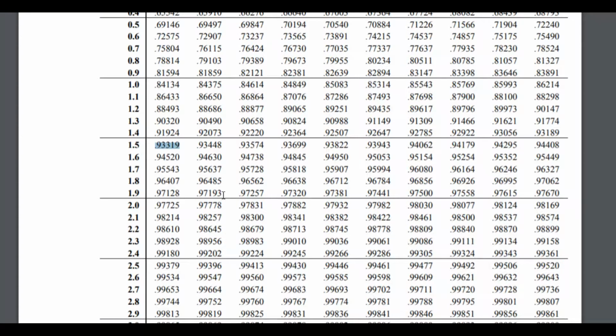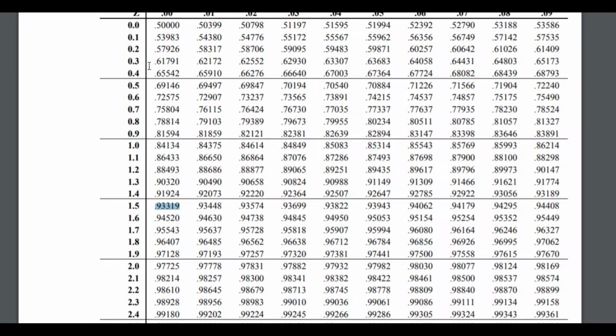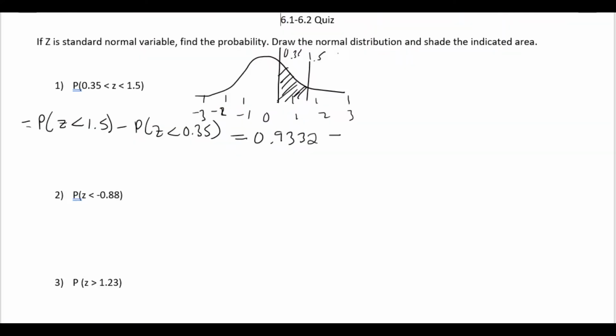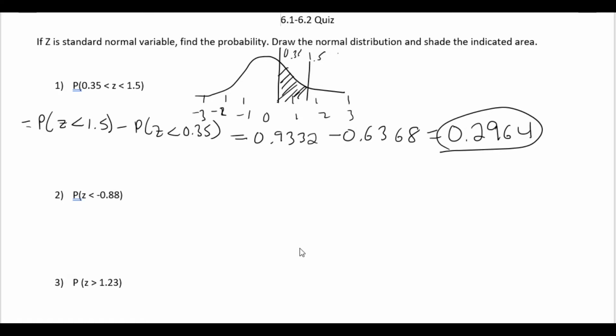And the next one is 0.35. So 0.35 is 0.6368. So we'll go ahead and subtract those, and we'll get our answer. All right, and that's our area.